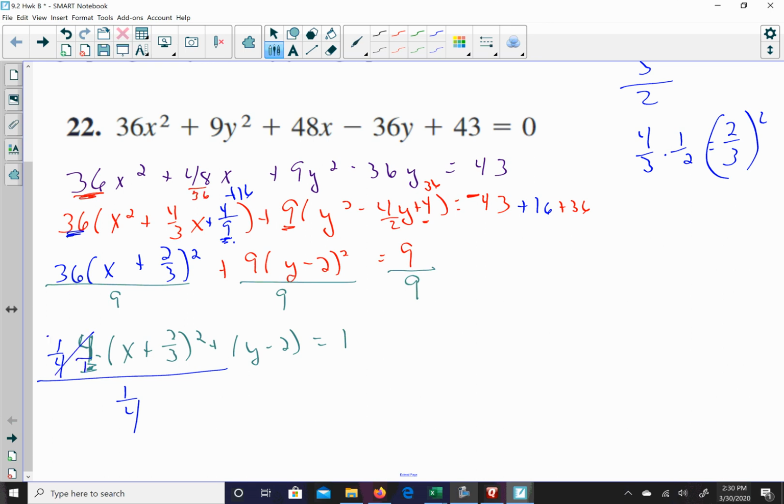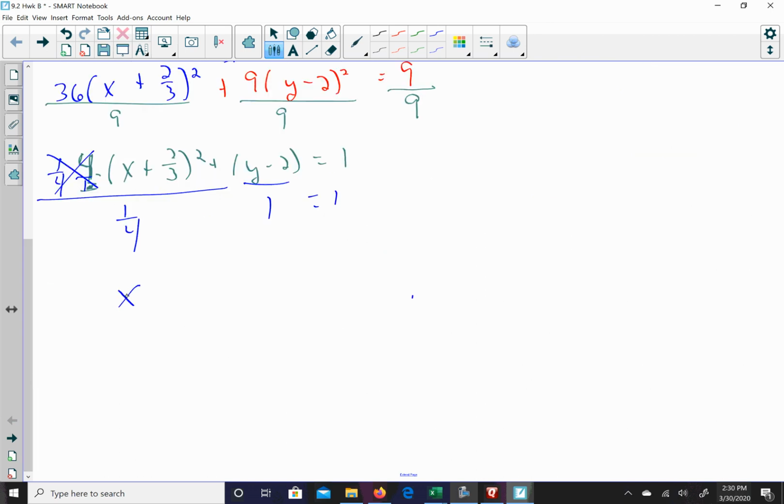That means that these will be 1. This is over 1. So to write it a little bit neater, I'm going to end up with x plus 2/3, that quantity squared, all over 1/4. And it's okay to have a fraction within a fraction for conics, plus y minus 2 squared over 1 is equal to 1.